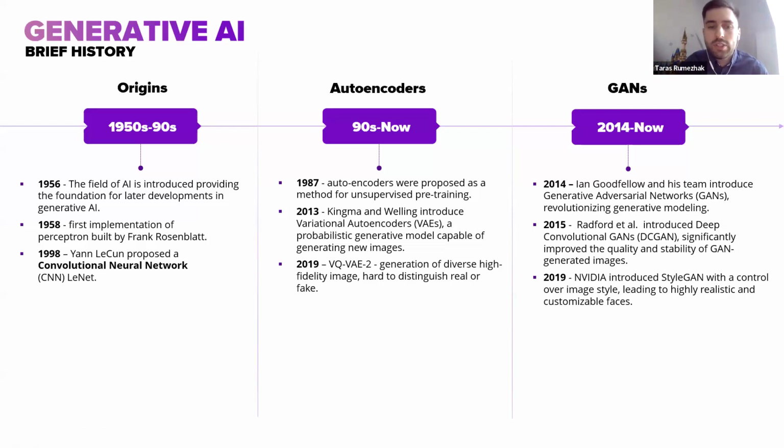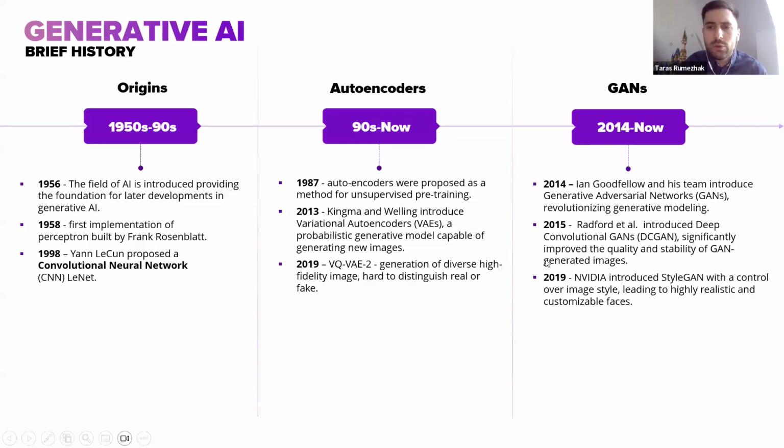For example, in 2019, the VQ-VAE-2 was presented, and we were able to generate deep fakes, and there were websites where you had to guess if the image was generated or not.